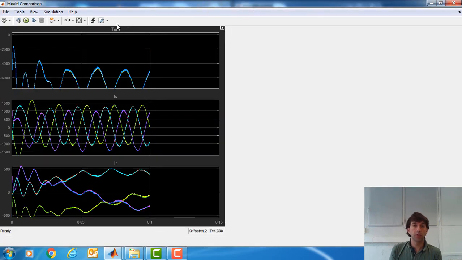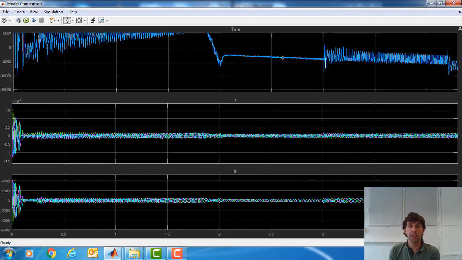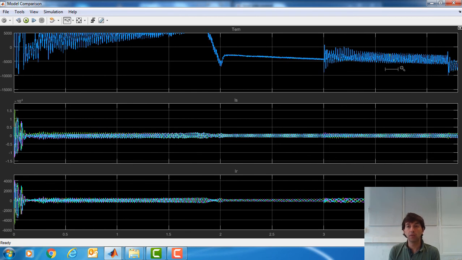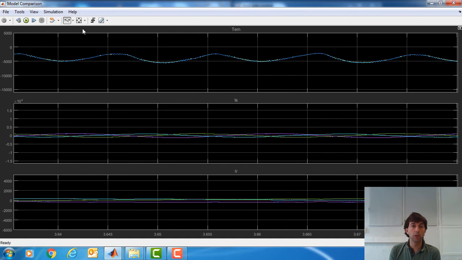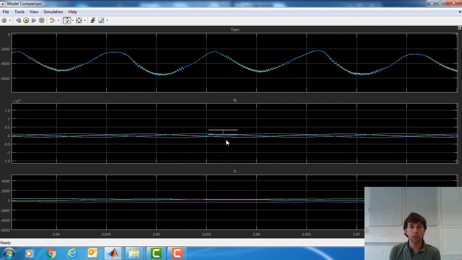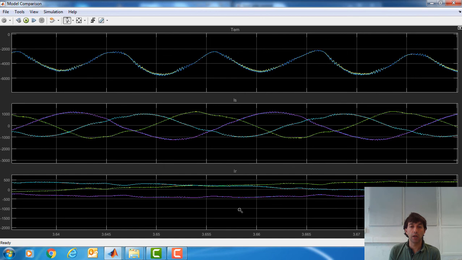So let's focus on the model comparisons. And here we can see how both models are working in the same condition. Let's focus, for instance, at this time instant. I don't know. Let's take, for instance, here. And here we see how all the variables are quite well matching. Torques, stator currents, which are there, and rotor currents.